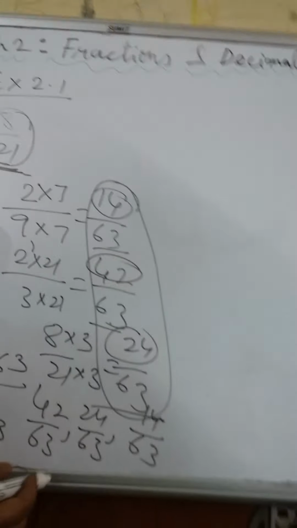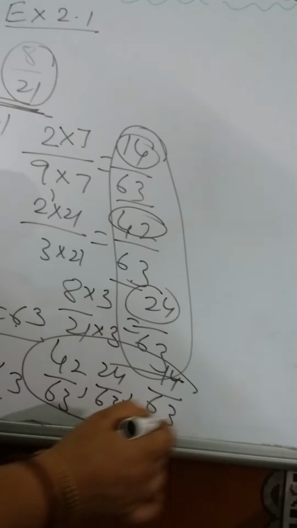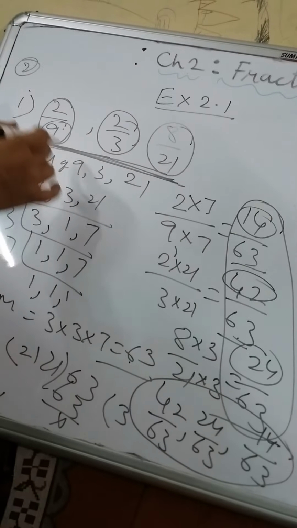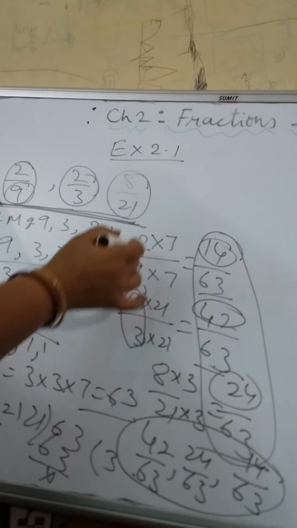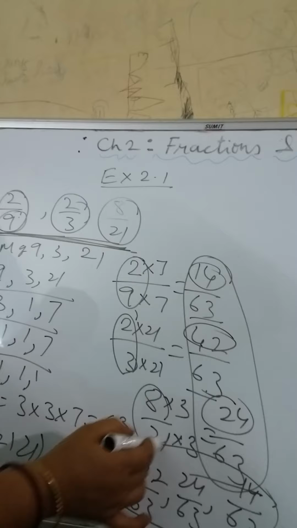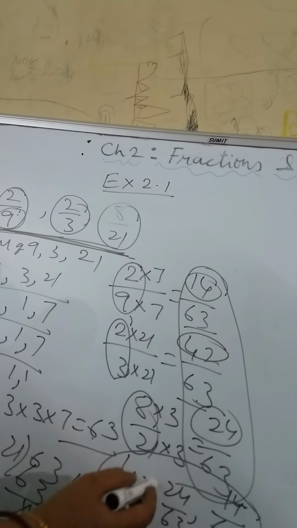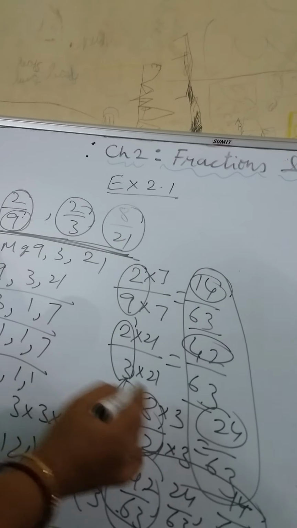Actually it is not your answer, because the question doesn't have this 42 by 63. You have to write these fractions which are given in your question. So 42 by 63 means 2 by 3.